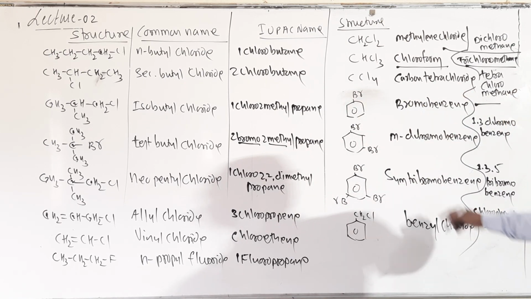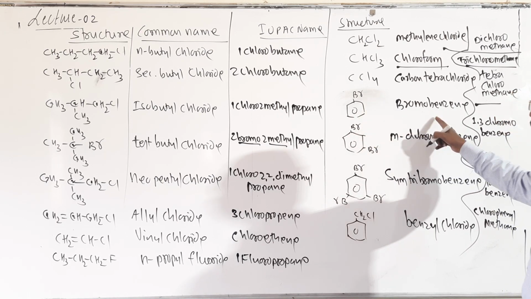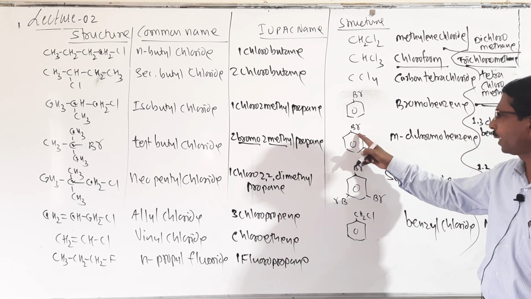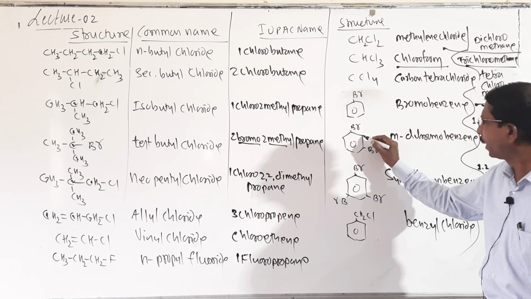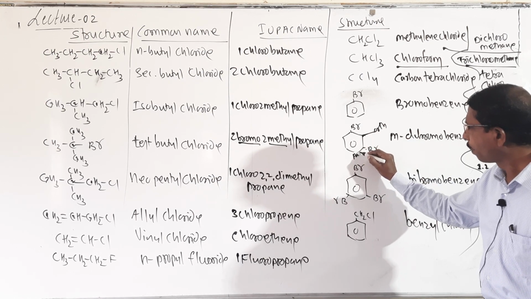Similarly, here the bromine is directly attached to the benzene ring, so it is called bromobenzene, and its IUPAC name is also the same. Here the bromine is attached at the third position, and these positions are called ortho, meta and para.